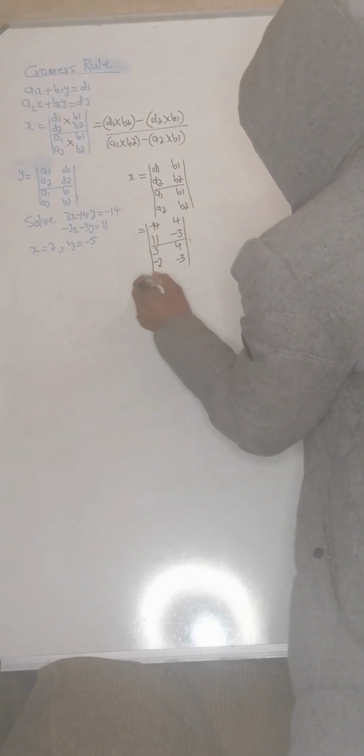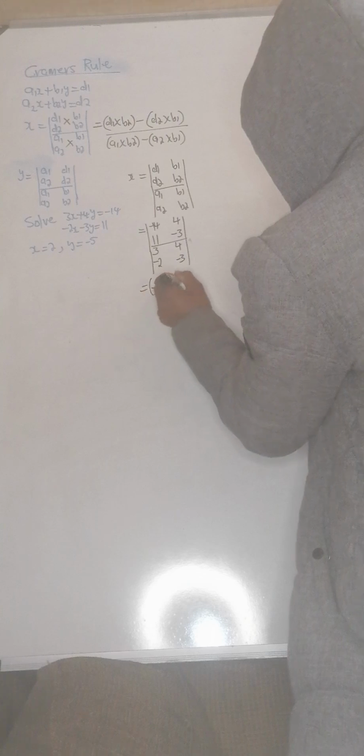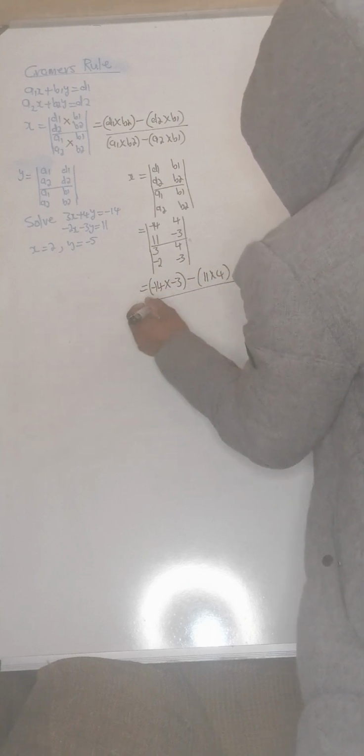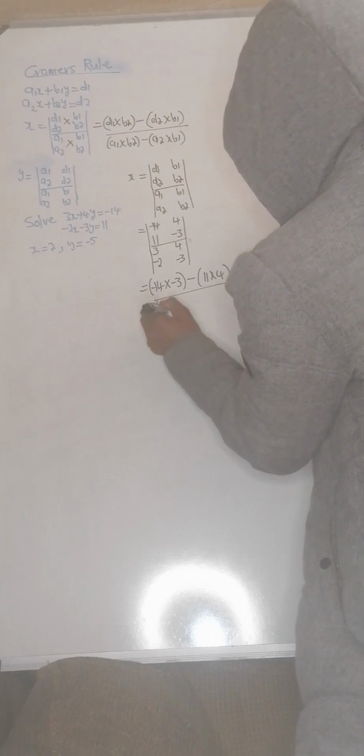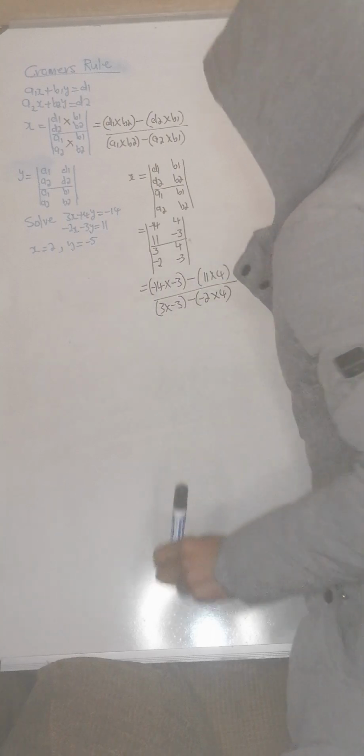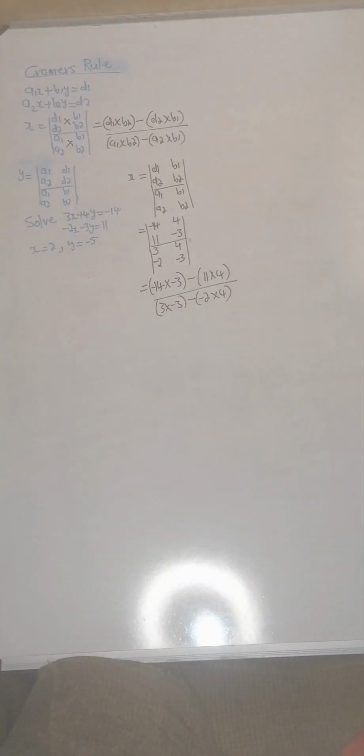How do I work around this? I just need to say minus 14 times minus 3 minus 11 times 4, divided by 3 times minus 3 minus minus 2 times 4. And I am very much good to continue.